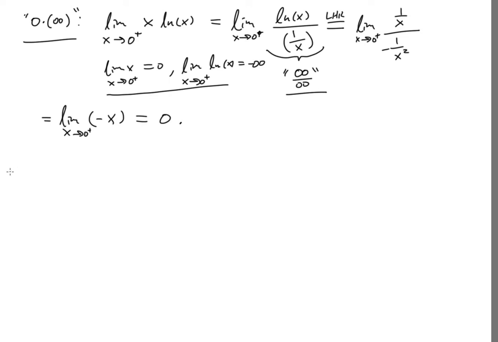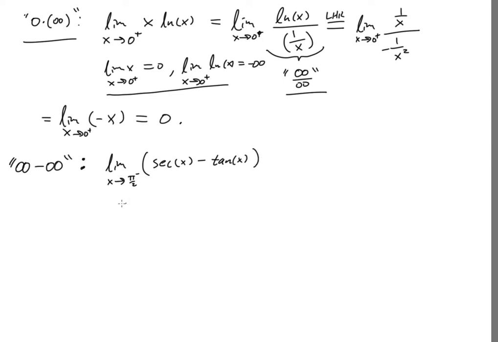All right, now I'm going to talk about another one, the tug-of-war problem of infinity minus infinity. Let's give a few examples of this one. We're going to look at this example: limit of x going to pi over 2 from the negative side of secant of x minus tangent of x.